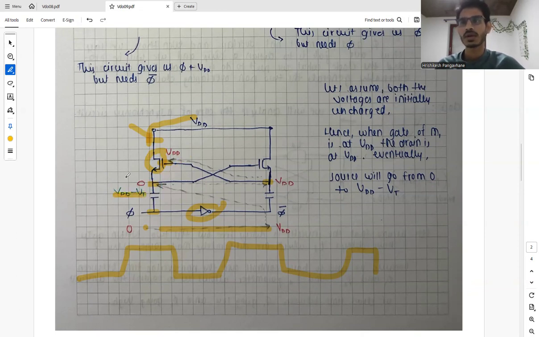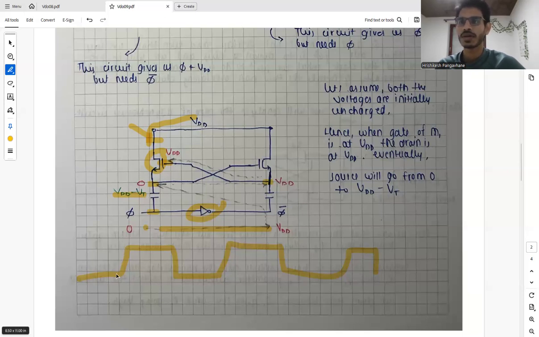So that's how this node will change from 0 to VDD minus VT. Hence, when the gate of M1 is at VDD, its source will go from 0 to VDD minus VT.